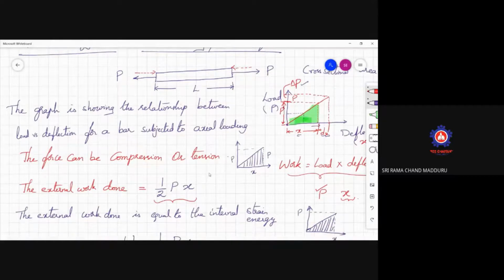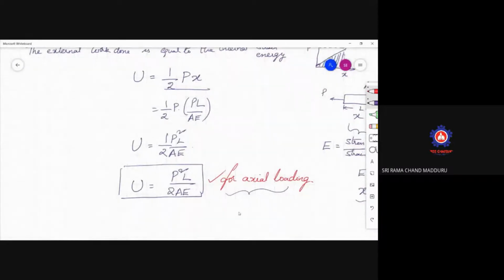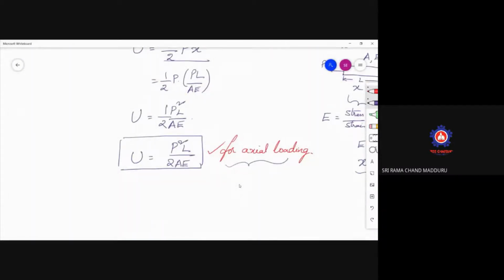Now, if the cross-sectional area is varying, then how to calculate? So just note down the additional point for this. With varying cross-sectional area of the bar, we will consider a small element, and the small element will be integrated. Here L is the length of the member.